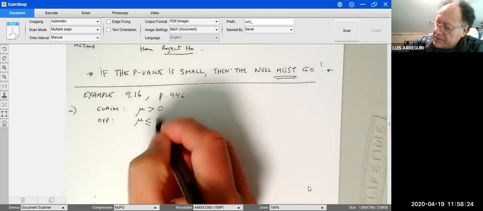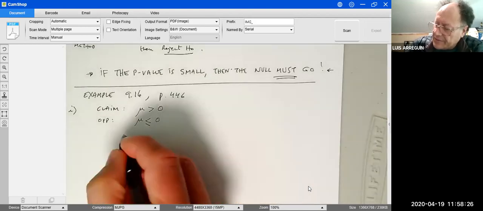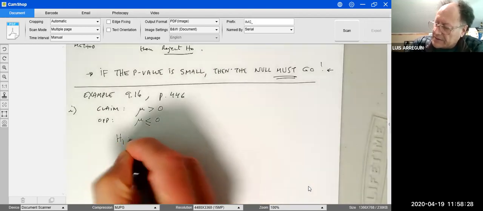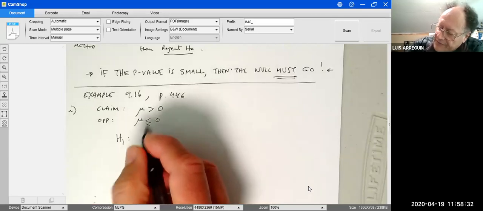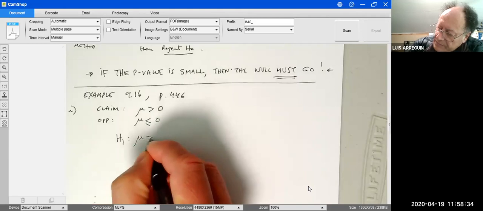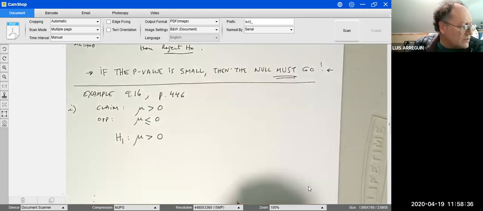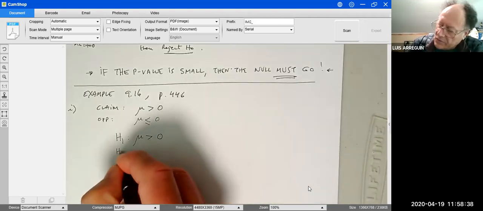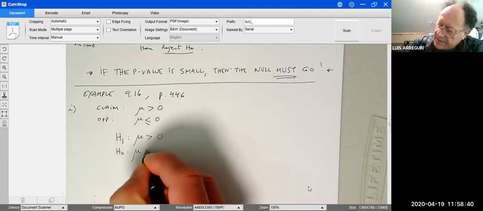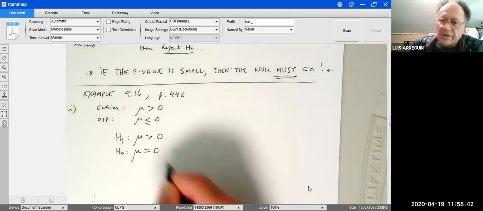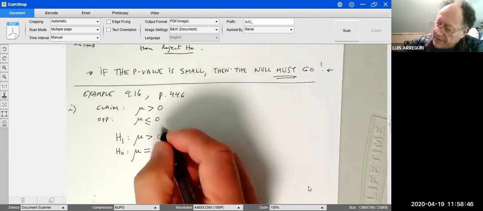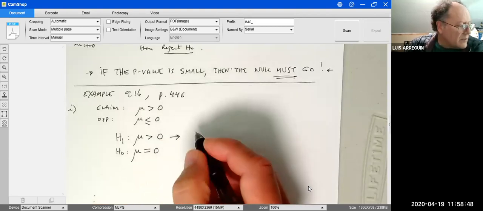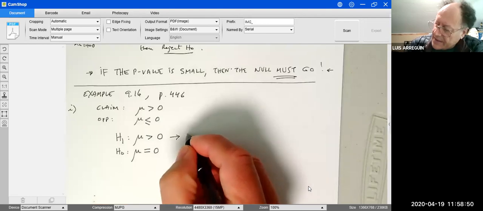Which one of these two is going to be our alternative? You can see that the only one that doesn't contain the equal sign is the first one. So we're going to write mu greater than 0, and the null is always the parameter equal to the value that is given.